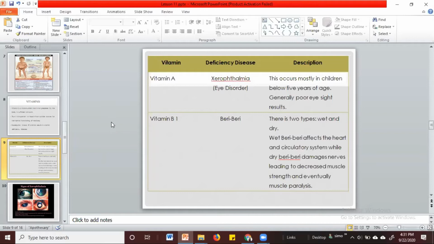Now, this disease can come in two forms or two types. We have the wet beriberi and we have the dry beriberi. The wet beriberi affects the heart and the circulatory system, while the dry beriberi damages your nerves, which will further lead to a decrease in muscle strength, and eventually it's going to cause paralysis of the muscles, right?